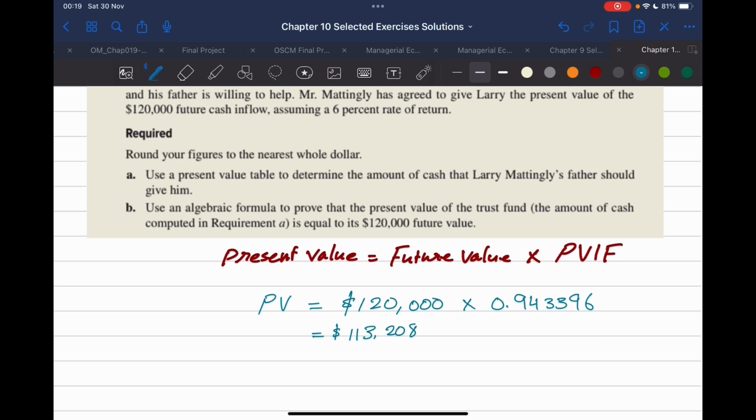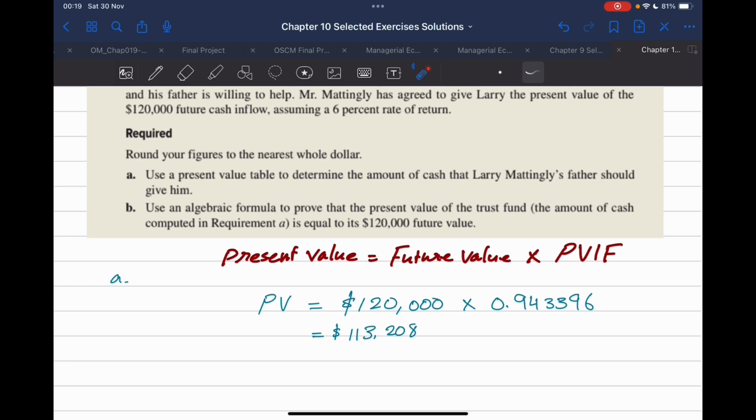So that's the first part, or the first answer, part A, already calculated. So let's see the second part. Part B says, use an algebraic formula to prove that the present value of the trust fund, the amount of cash computed in requirement A, is equal to its $120,000 future value.